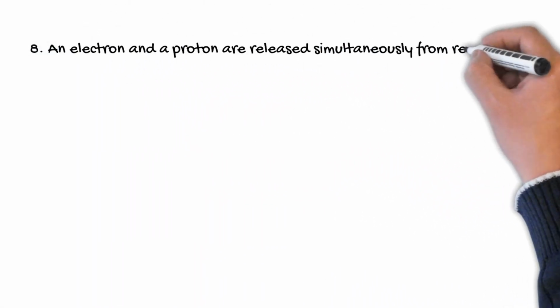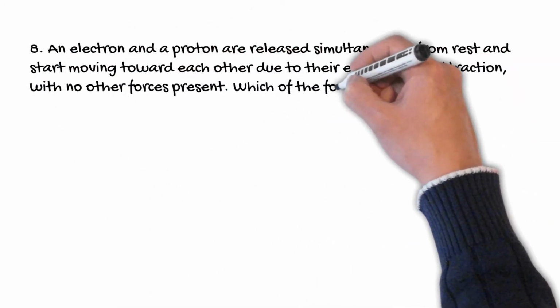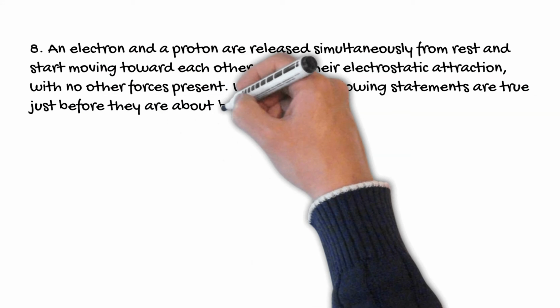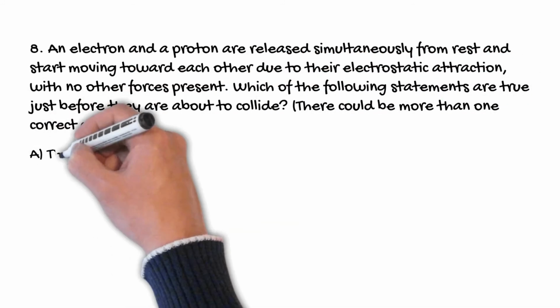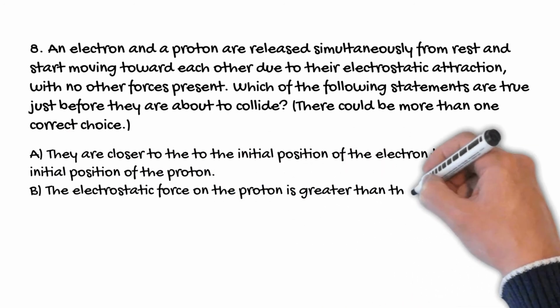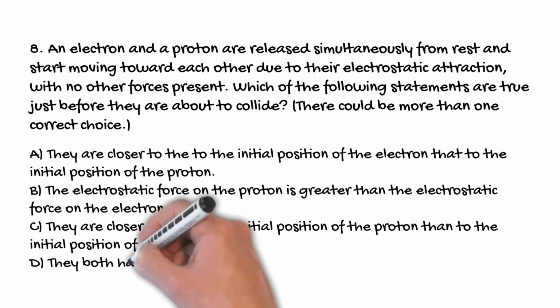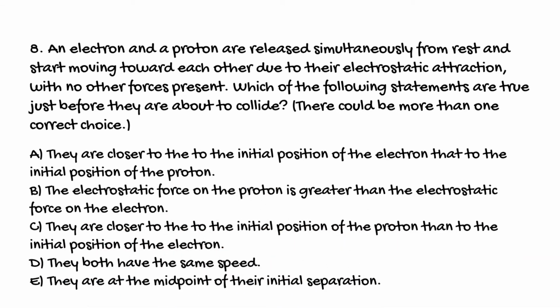An electron and a proton are released simultaneously from rest and start moving toward each other due to their electrostatic attraction with no other forces present. Which one of the following statements is true just before they're about to collide? So remember, it's an electron and a proton. They have the same charge, but their masses are not the same.